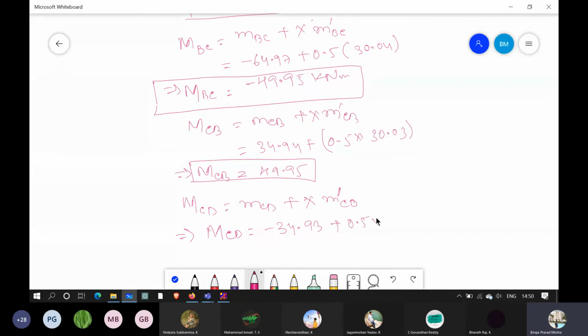This implies MCD equals minus 49.95 kilonewton meter.